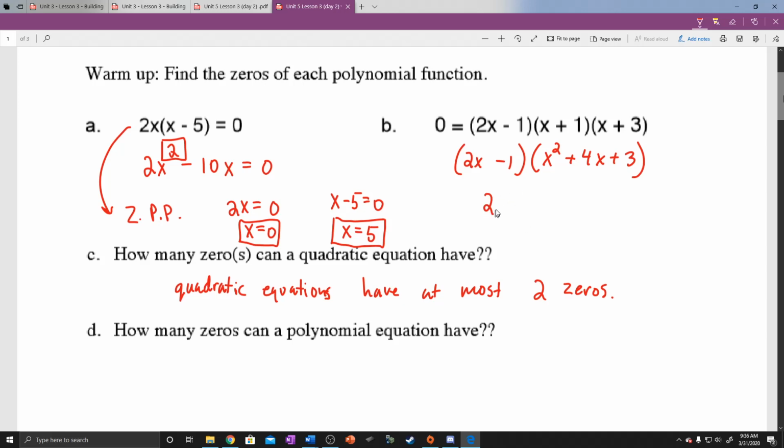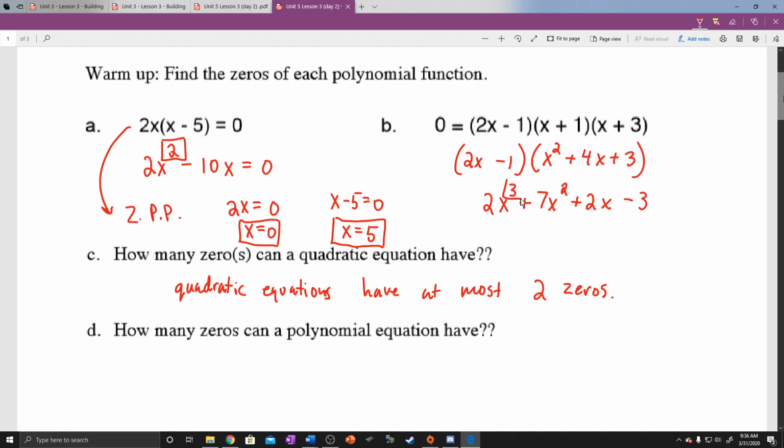So this would be 2x cubed, and I'm going to have a negative x squared and an 8x squared. So that's going to give me 7x squared. And then we have 6x and negative 4x. So that's going to be 2x and then minus 3.